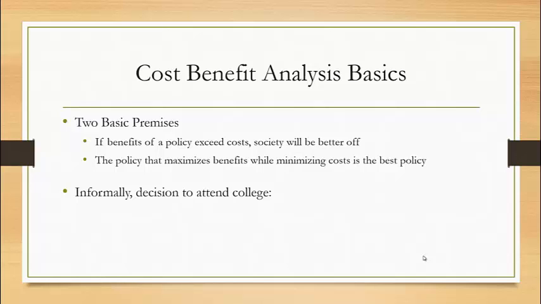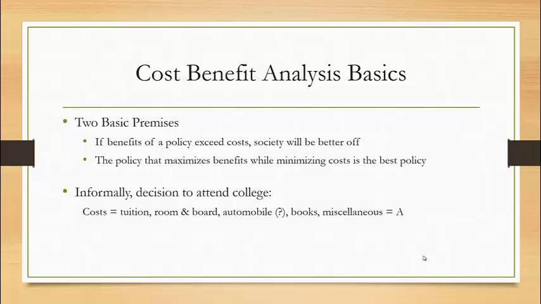So let's think about this informally with the decision to attend college. When you were deciding whether or not to attend college, there were probably many considerations. If you were doing a formal cost-benefit analysis, you would first add up the costs. We can think about this as tuition, room and board, maybe you need a car, maybe you have books and miscellaneous expenses.